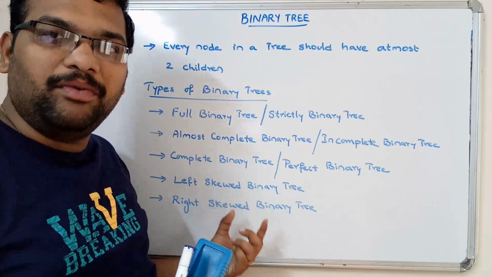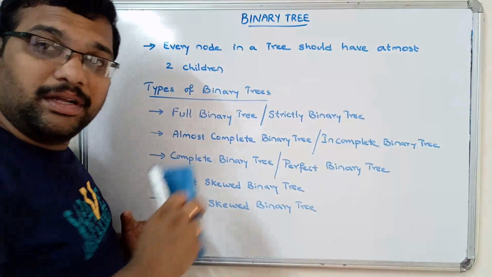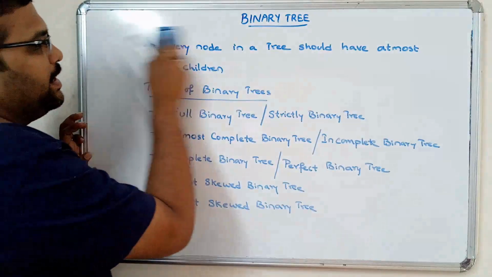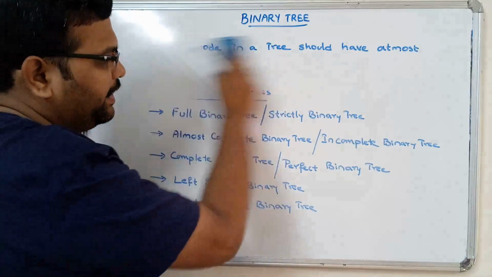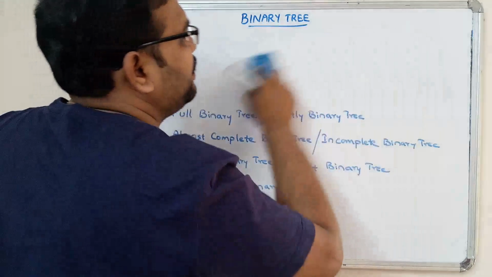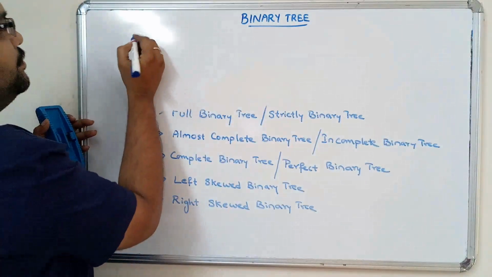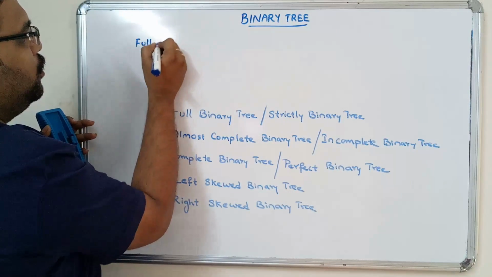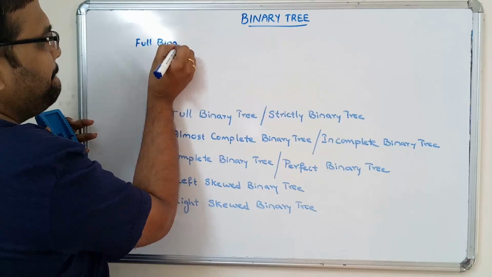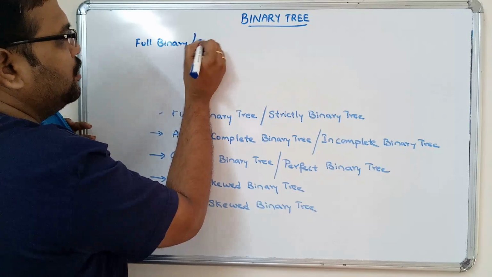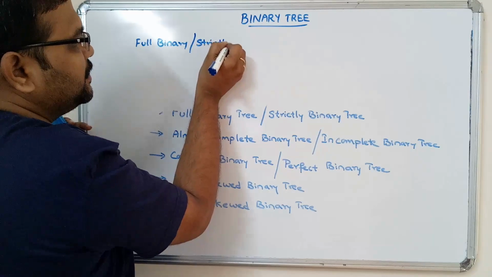Now let us see one by one with an example so that you will understand better. First, full binary tree or strictly binary tree.